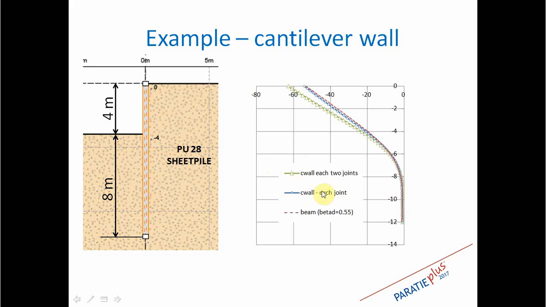Whereas if we crimp, as recommended by Eurocode, the wall at each joint, essentially we have the same behavior of this cantilever beam as modeled like an ordinary beam element, and including a reduction factor beta D equal to 0.55, that is in the range of recommended value.